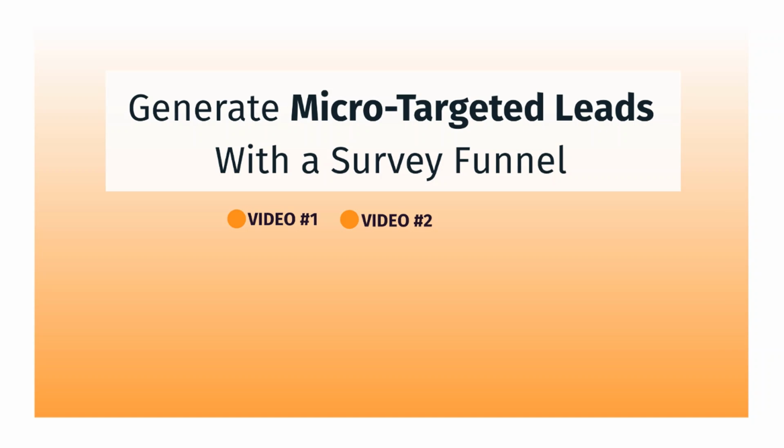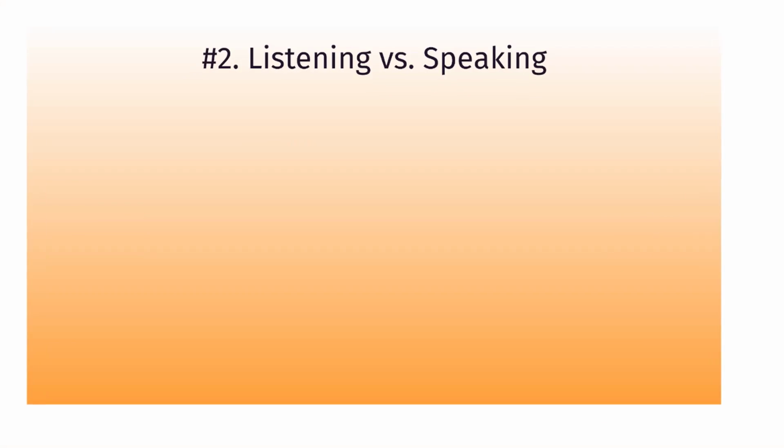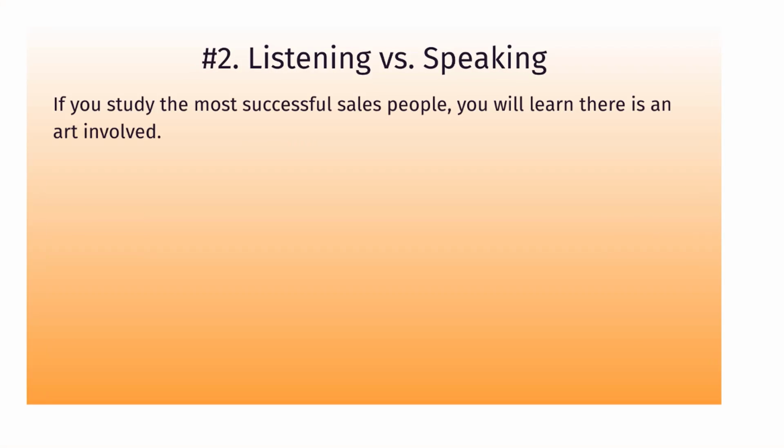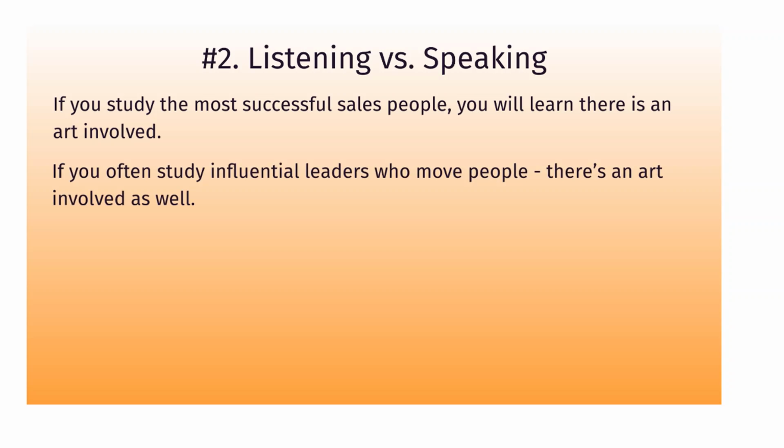Hello and welcome back. This is video number 2. We're going to talk about listening versus speaking. Now, if you study the most successful salespeople, you will learn that there is an art involved. And if you study, for example, influential leaders who move people and have people following them, there's an art involved as well. If you think about leaders, there's several different types of leaders.